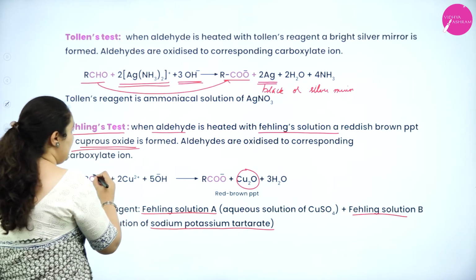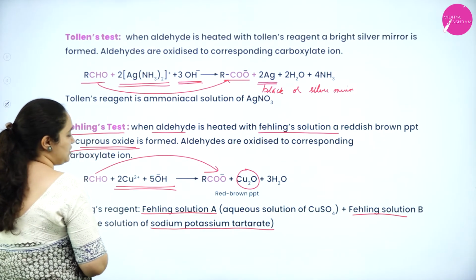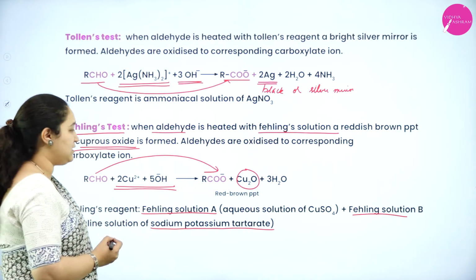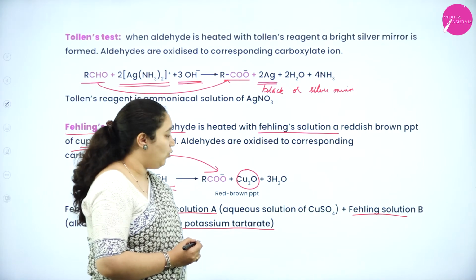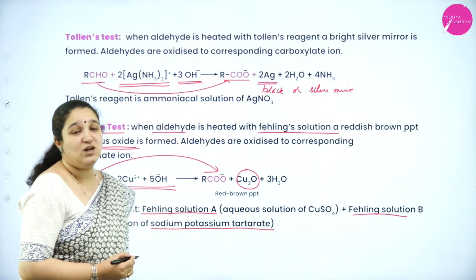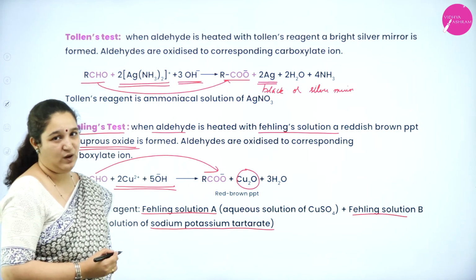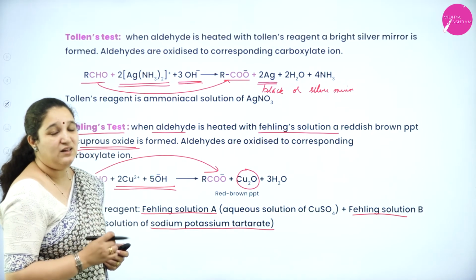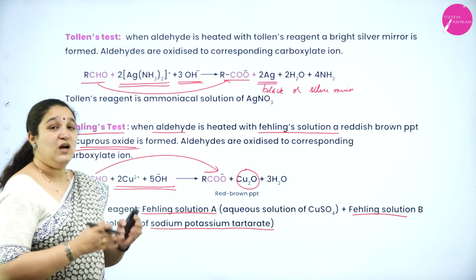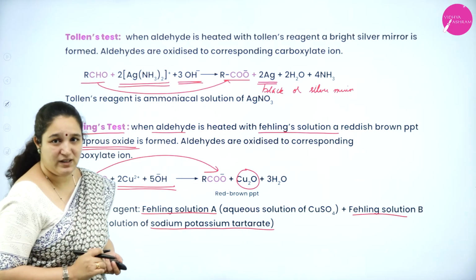So, aldehyde is getting converted to carboxylic acid in the presence of Cu plus 2 ion and the base OH minus ion to give a red brown precipitate of Cu2O, okay, that is copper oxide, or I can tell cuprous oxide. Okay. So, that's about the Tollens reagent test and the Fehling's solution test, which is answered only by aldehydes and not by ketones.